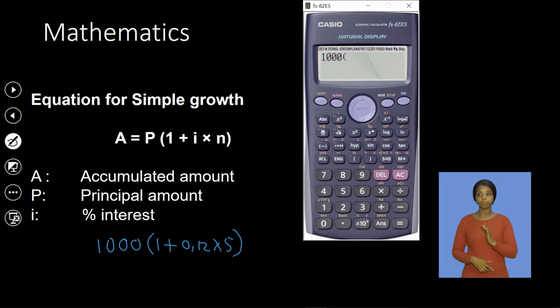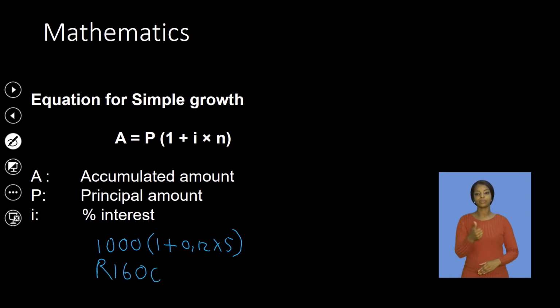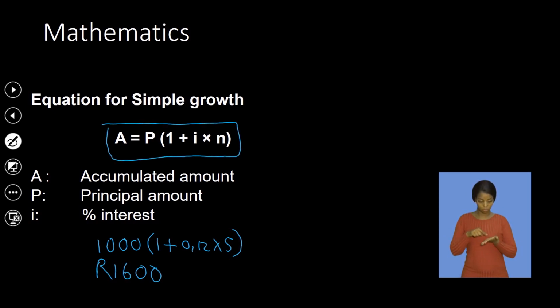I open my bracket, 1 plus 0.12 multiplied by 5, and this will amount to 1,600. So you remember that at the end, you actually got 600 as your interest. So this would be what mathematicians have done for us to make life easy, that when we are calculating, we just go to the formula, punch in the values. You just need to know what is what on the formula.